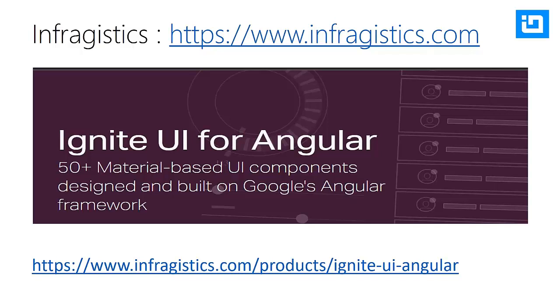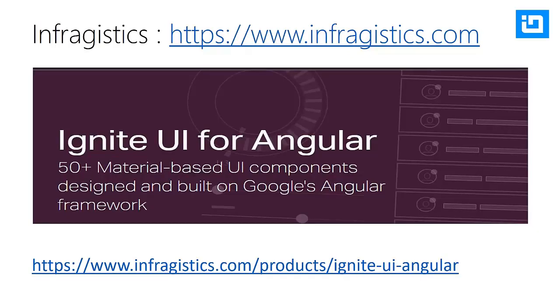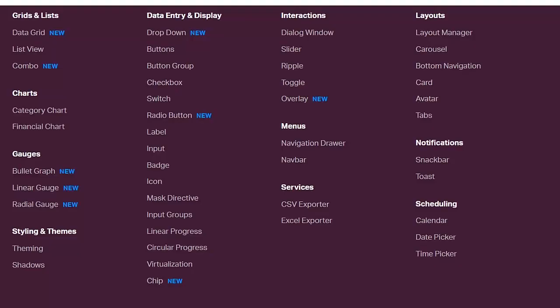We have another flavor called Ignite UI for Angular, which, as you see, is a set of material-based native Angular components. Now we have more than 50, and you can check that at infragistics.com/products Ignite UI Angular. Ignite UI for Angular helps you to build your application faster, those applications would have better performance, and you can do all development using NPM. So today I'll cover a little bit of Ignite UI for Angular as well for you. As you see on the screen, these are the components available in Ignite UI for Angular.